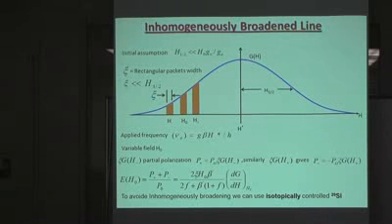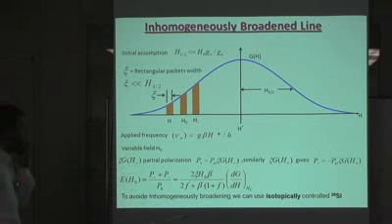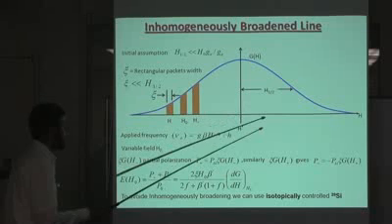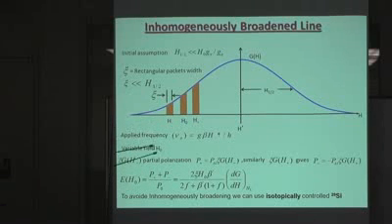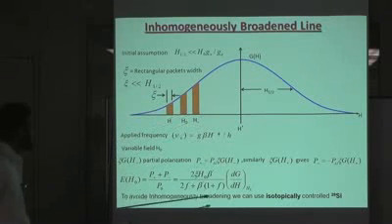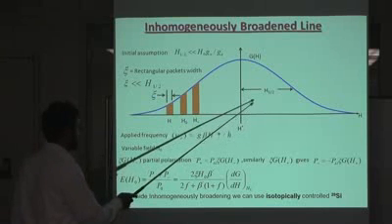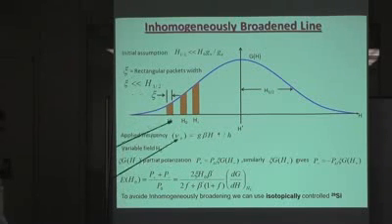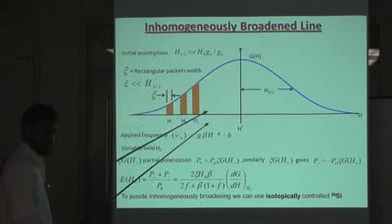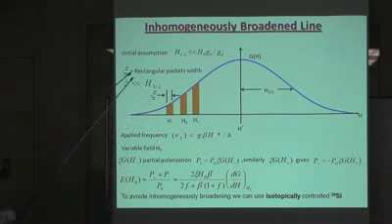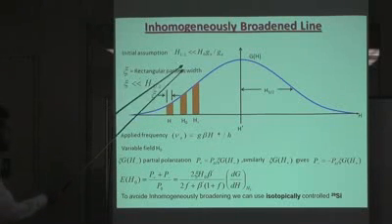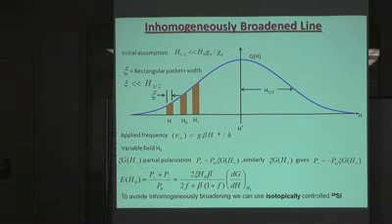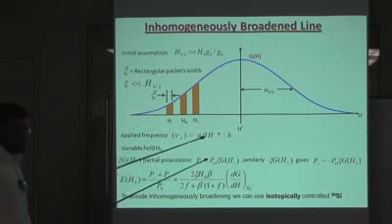Inhomogeneous broadened line. This is the normalized Gaussian shape, which has half width H half, and it consists of several spin packets whose rectangular width is chi.